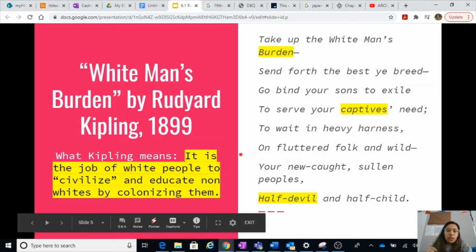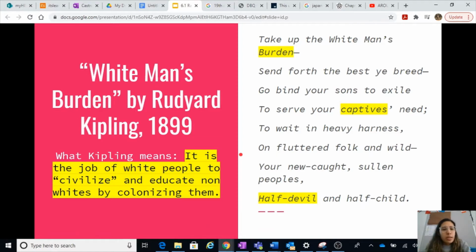Now, to start off this chapter, the textbook gives you this poem called The White Man's Burden by Kipling from 1899. And this basically establishes a justification for imperialism. So the poem says, "Take up the white man's burden."